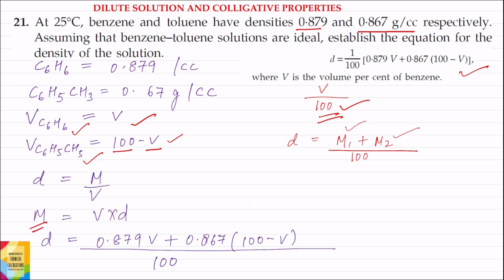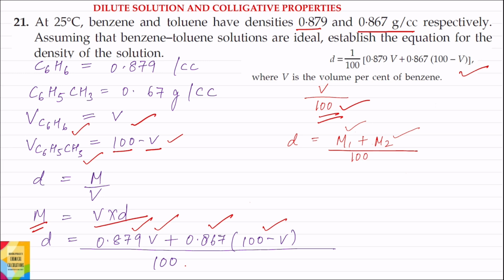So mass is equal to volume into density. So mass of benzene will be equal to density of benzene into volume of benzene. This will give the mass of benzene. So 0.879 into V will give mass of benzene, that is M1, plus density of toluene into volume of toluene will give the mass of toluene. So 0.867 into volume of toluene, that is 100 minus V, will give the mass of toluene, that is the value of M2.